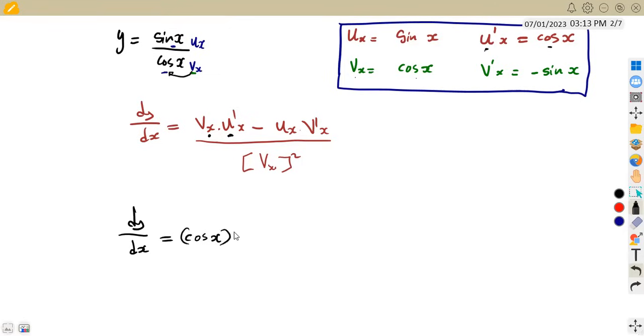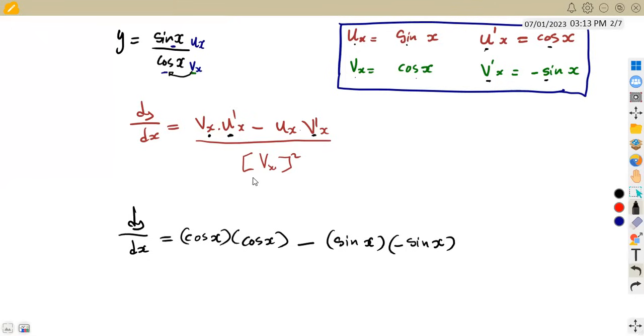So we have cos x multiplied by cos x, minus u(x), which is sine x, multiplied by the first derivative of v, which is negative sine x. So this is going to give us negative sine x, like this.